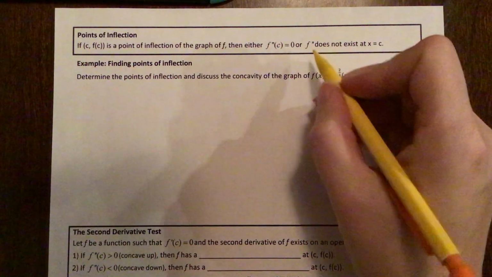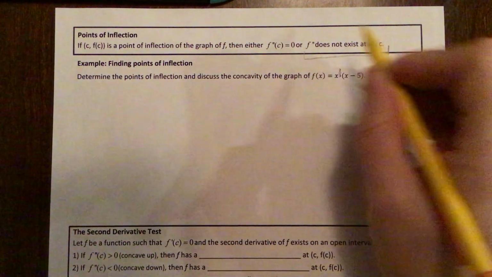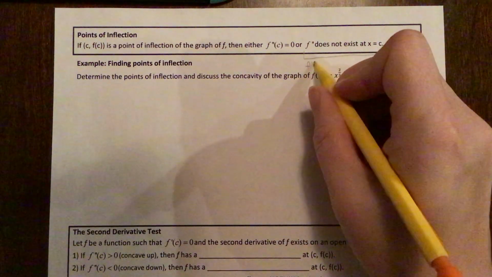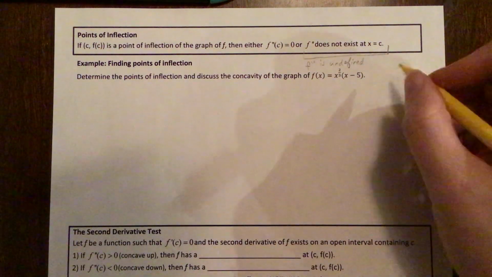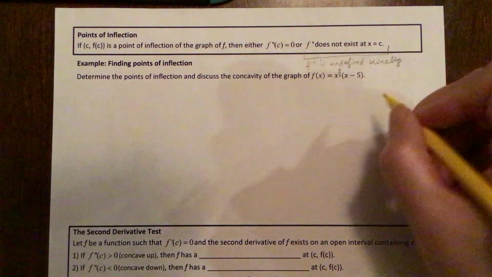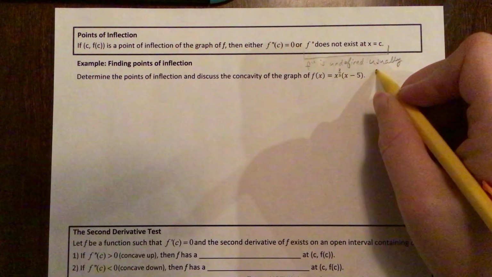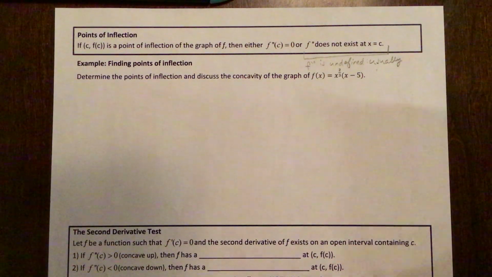So you can have your second derivative undefined. So f double prime is undefined, which usually means that value c makes your denominator 0.